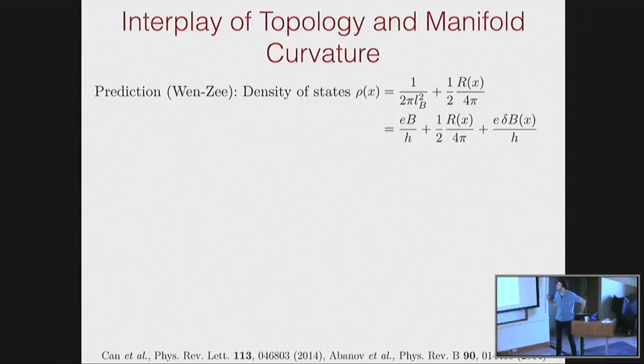The basic statement is that the local density of states in a Hall system depends both on your magnetic field and on the local spatial curvature. Okay? But this spatial curvature term is always very difficult to tease out, because if you try to have a small amount of spatial curvature, this term gets washed out in disorder and other kinds of effects.